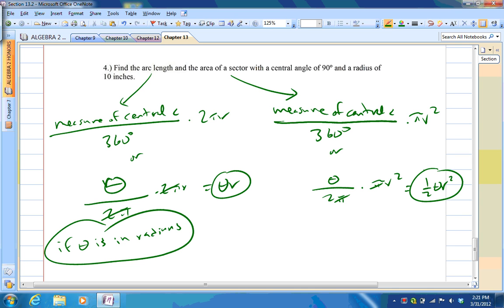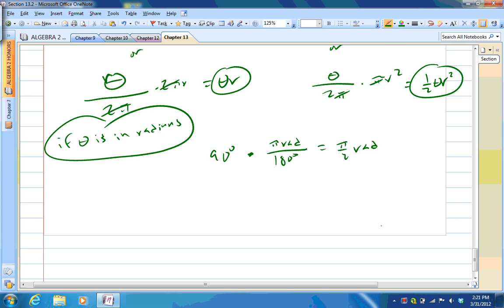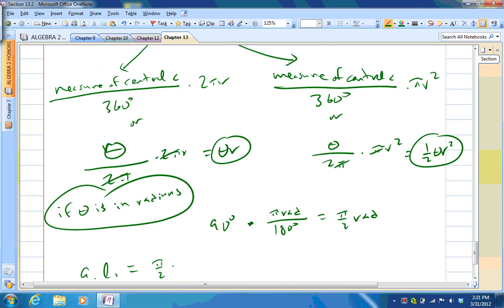So if you're told that you have a central angle of 90 degrees, convert it. It'll be pi over 2 radians. So your arc length will be pi over 2 times your radius, which was 10 inches.